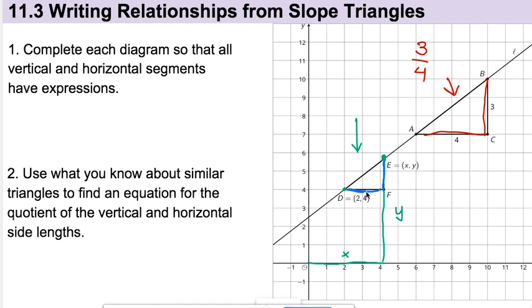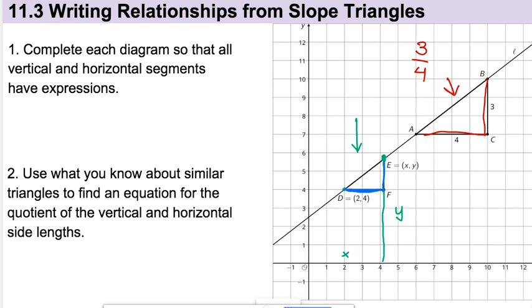So my horizontal distance is going to be this X distance, but without this part. Okay, so again, the distance from D to F is going to be X minus these units. How many units is that? 2. So I want to take this X distance and I'm going to take out 2.